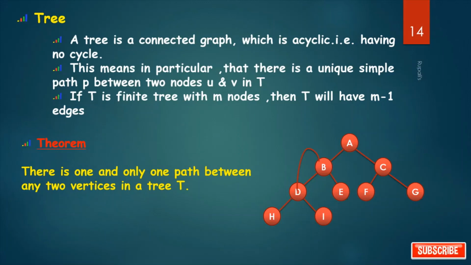So see here, if we take another path, it forms a cycle. But we already learned that a tree is acyclic, that is having no cycle. So we can prove that there is one and only one path between any two vertices in a tree T.